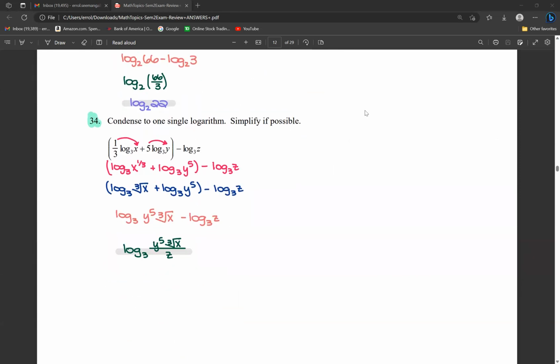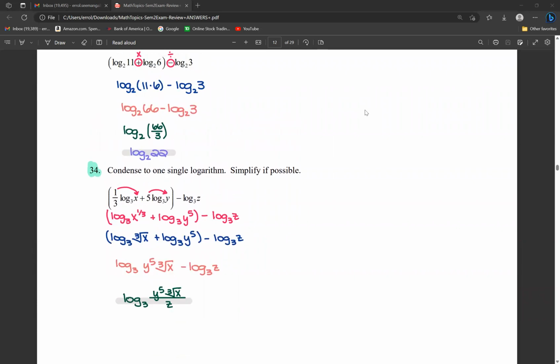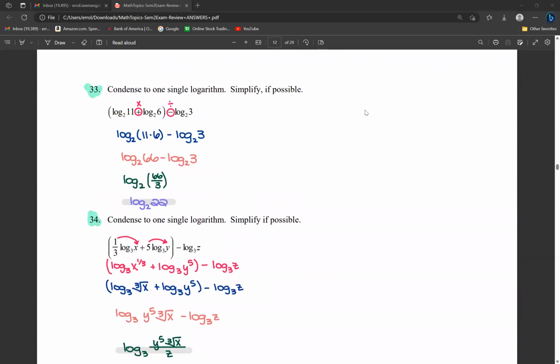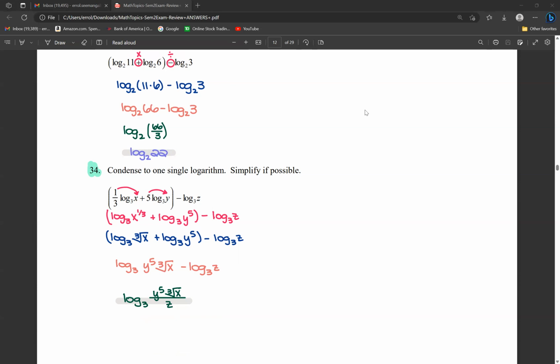34 is just like 33. Condense the 1, 2, 3 into 1. Just follow your log rules. So for 34, why she wrote these arrows right there, it's just your log rules. See the 1/3 on the front, it goes right there now. The 5 that was in the front goes right there now.